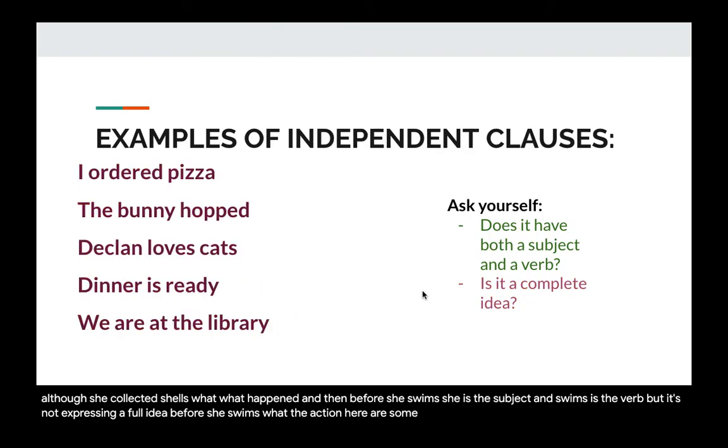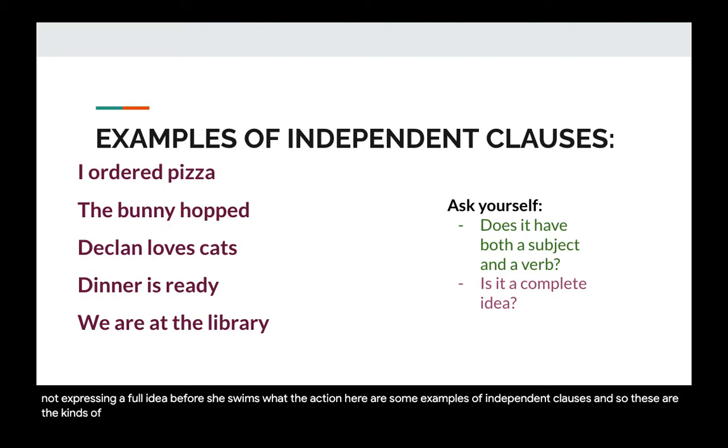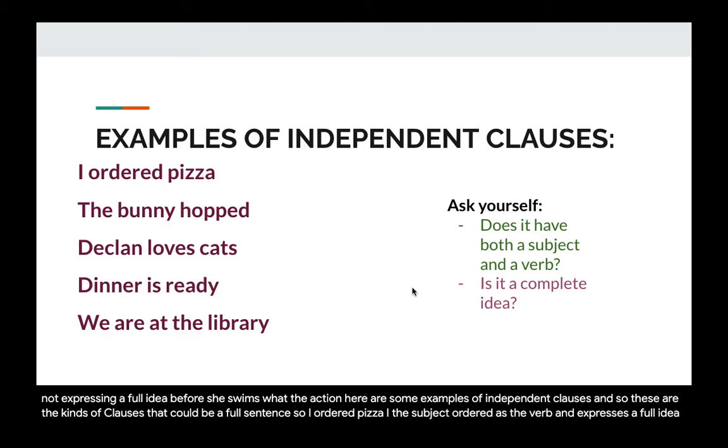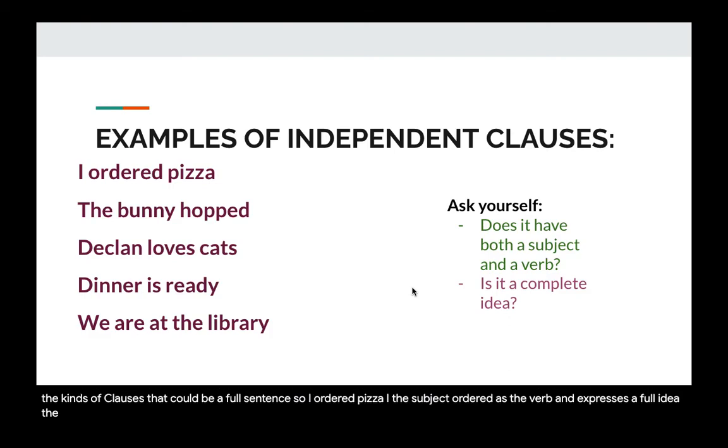Here are some examples of independent clauses, and so these are the kinds of clauses that could be a full sentence. So, I ordered pizza, I is the subject, ordered is the verb, and it expresses a full idea. The bunny hopped. The bunny is the subject. Hopped is the verb.